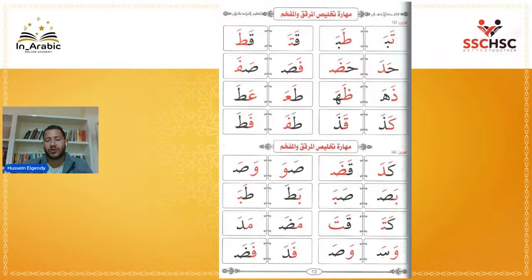So ka always light, ka always heavy. Ma, da is heavy, and ma, da is light. Wa, sa is light. Wa, sa is heavy. Fa, da is also the same case, one of the light letters. Then fa, da is one of the heavy letters.